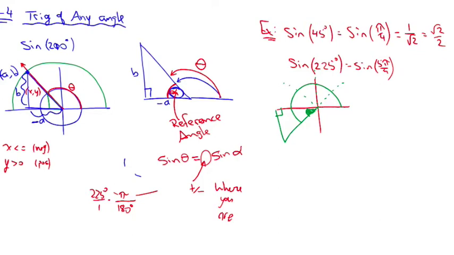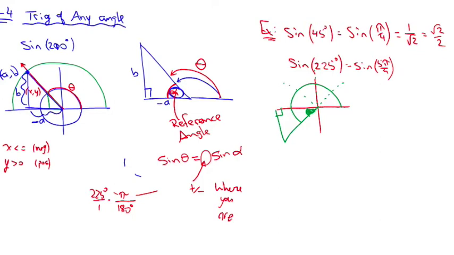Pi over 4. I mean, that's the beauty of using radians rather than degrees. If you had to do degrees, you'd have to go 225 minus 180 and come up with 45. But if it's radians, 5 pi over 4 is 1 more than pi, so you only went pi over 4.